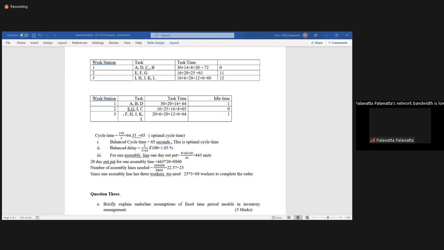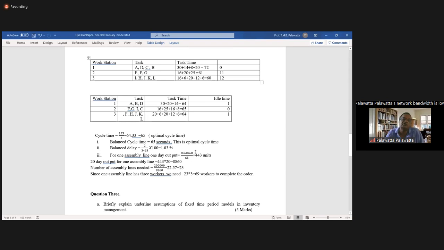You need 25 assembly lines. You get a fixed integer number, so you don't need to round up. So we need 25 assembly lines, and you have three workstations, so you need 25 times 3. You need 75 workers. So this answer is going to change.